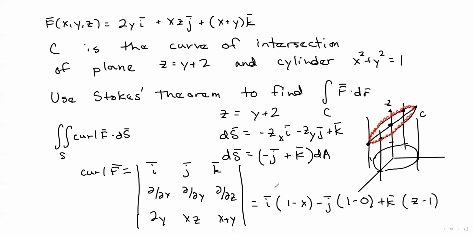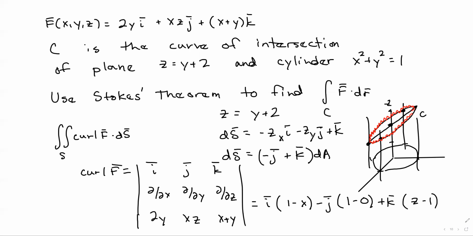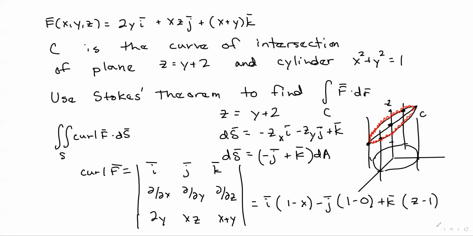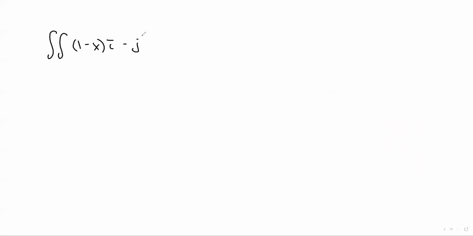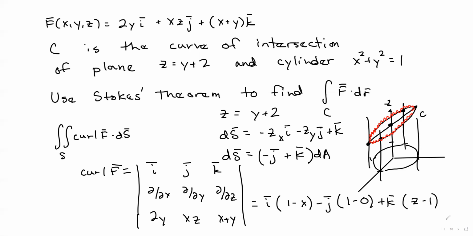We've got our dS. Let's go to the next page and dot product them. So we're going to have 1 minus x i, and then negative j, and then z. Oh, and then any z's we want to replace, right? Because we want to get down to 2 variables. So we want to replace z with what z equals, which is y plus 2.